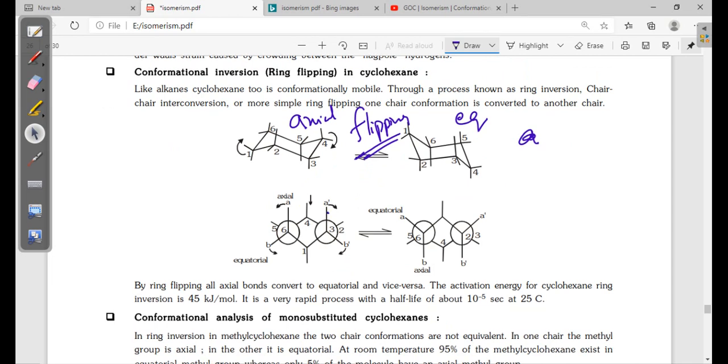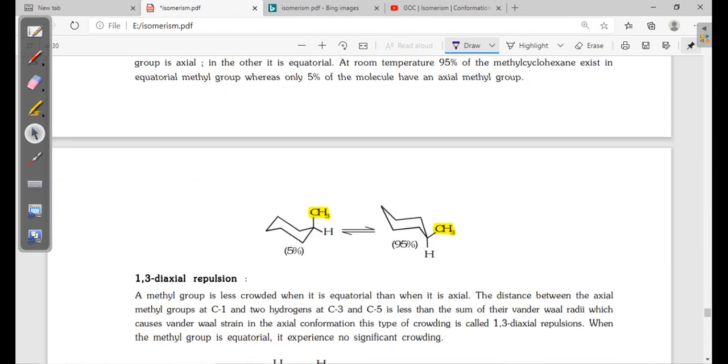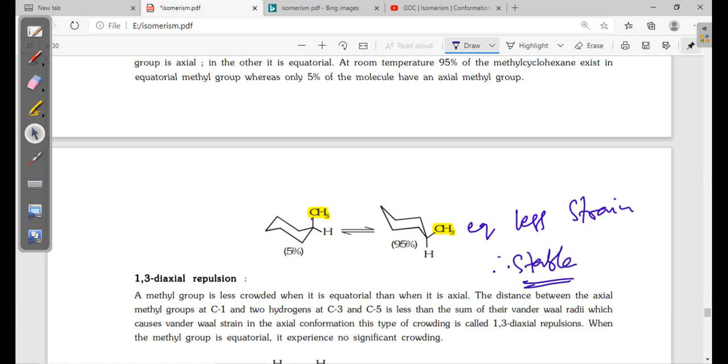Here axial methyl group is there; after flipping it becomes equatorial methyl. Equatorial is less strained, therefore stable.